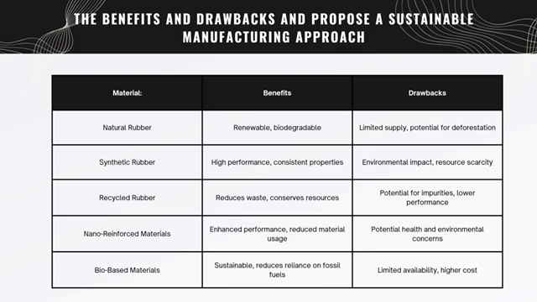The benefits are high performance and consistent properties. The drawbacks are environmental impact and resource scarcity. Third material is recycled rubber. The benefits are reduced waste and conserved resources. The drawbacks are potential for impurities and lower performance.